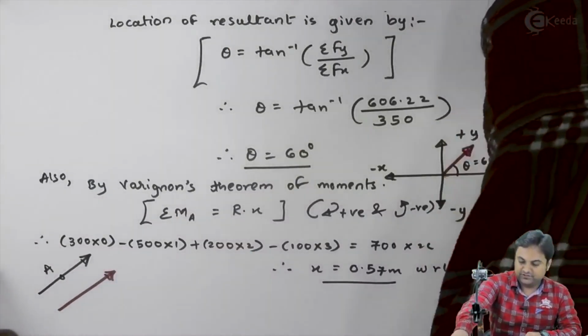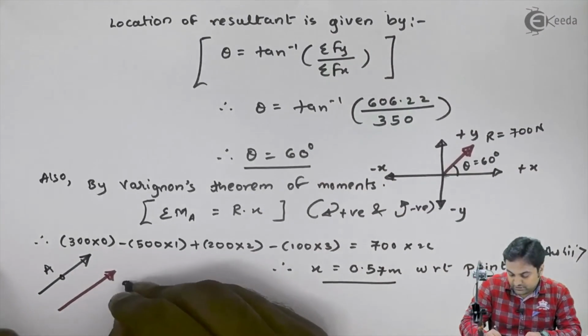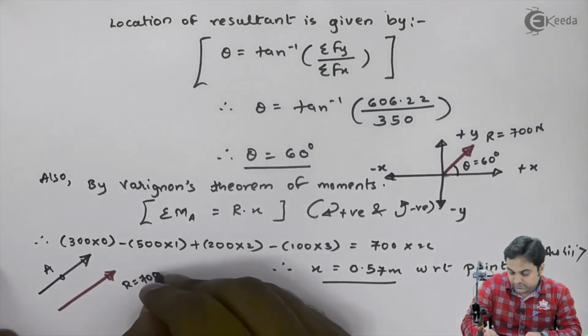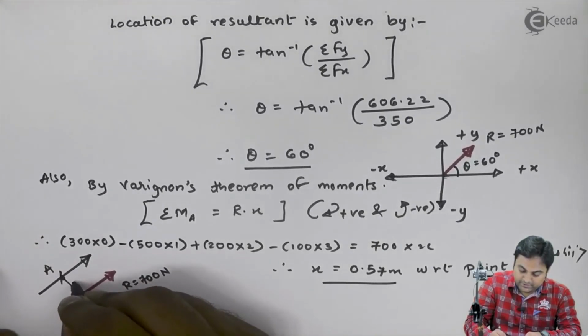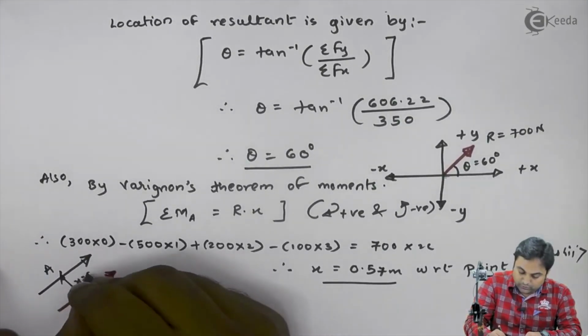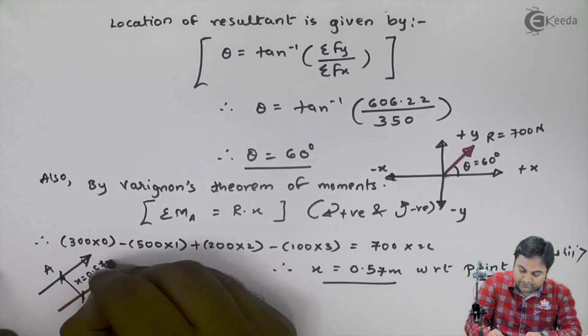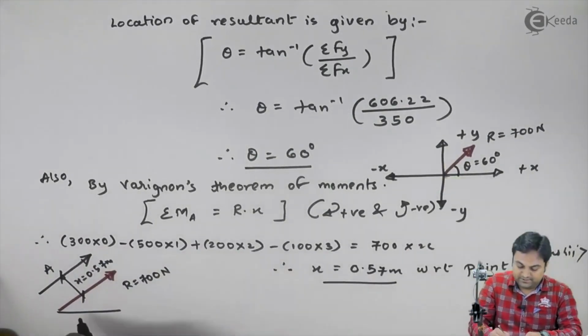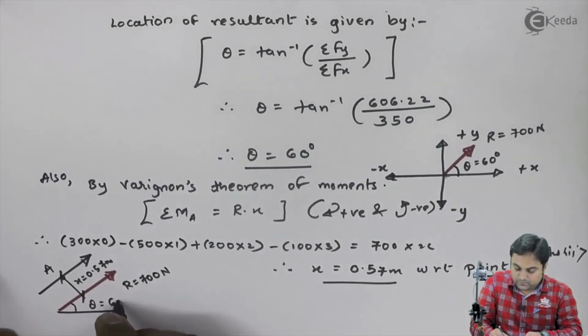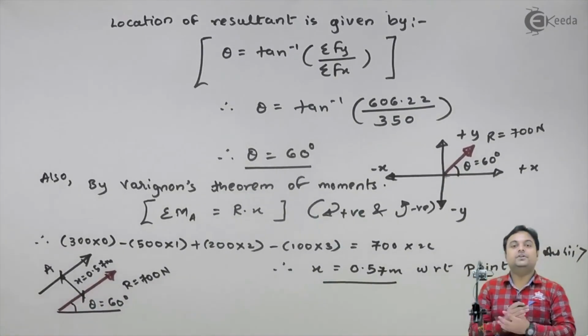This in red color which I have shown, this is the resultant whose value is 700 Newton and it is located with respect to point A at x is equal to 0.57 meter, and the inclination is, as we have seen, 60 degree. And with this we have completed the question.